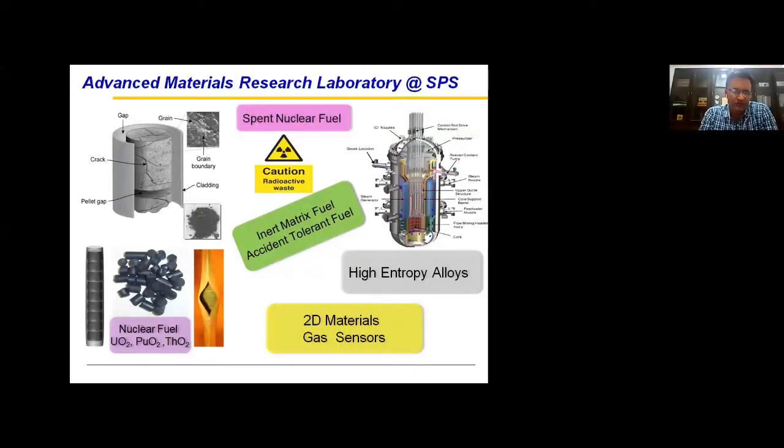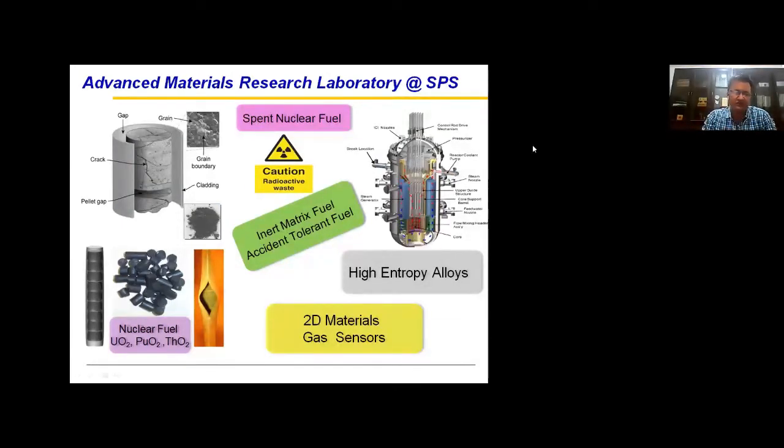In 2005, this new kind of alloy was proposed theoretically, in which all the elements are in equal proportions. These alloys have very good mechanical properties, and in advanced reactors, which are expected to operate at very high temperature and high radiation dose, they are expected to work in these extreme conditions.